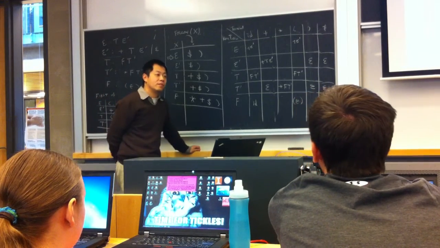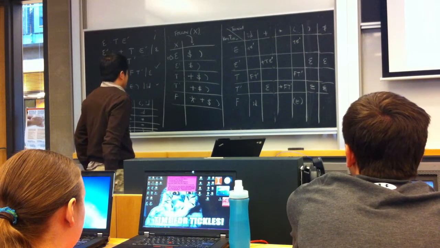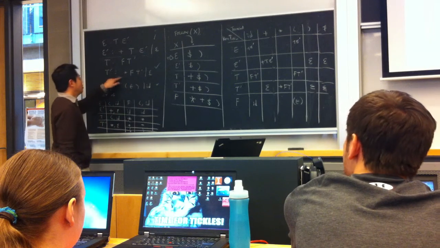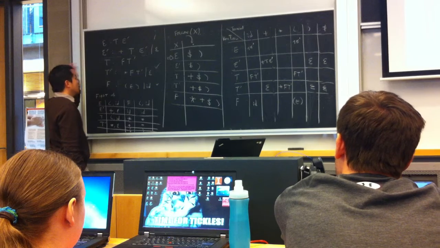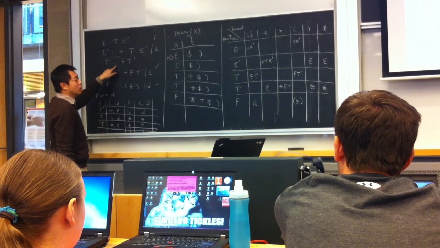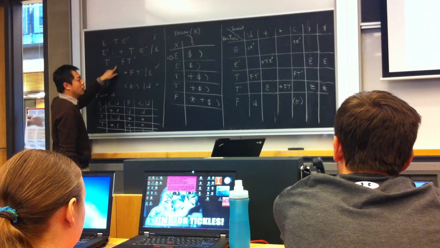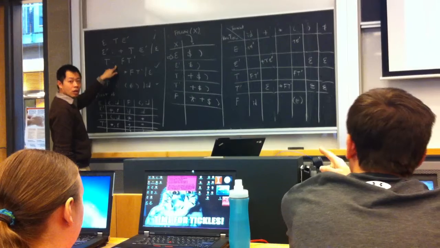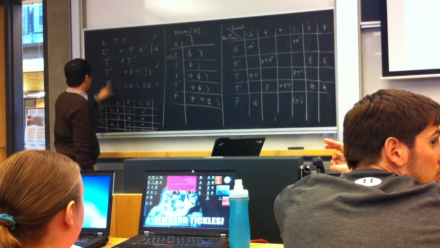Yeah. For T, the third expression, T is F T prime. In the table, since for ID it is F T prime, how did you get to the open bracket F T prime as well? You have to look at the first of F table.